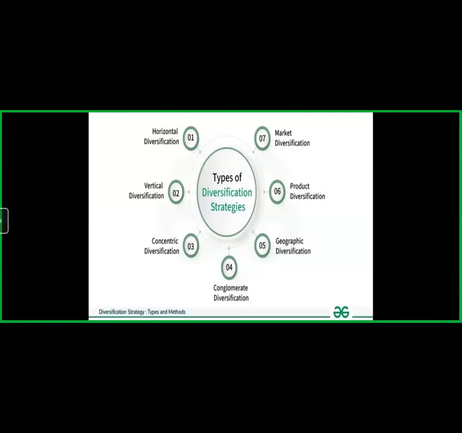Now, generally, there are two types of diversification, and then they are subdivided. The main two types of diversification are, first, related diversification, and second, unrelated diversification.